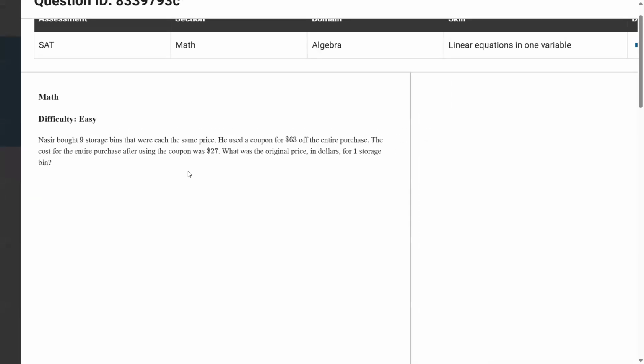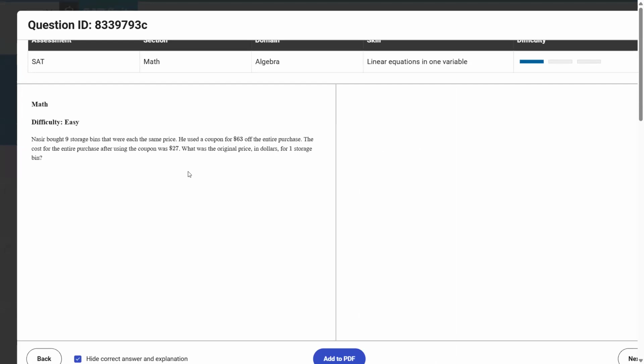Hmm. Okay, so he bought 9 storage bins. He used the coupon for $63 for the entire purchase. So this is the price for the entire purchase after using the coupon.